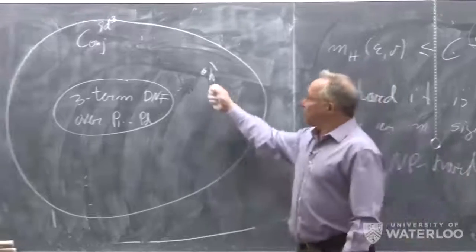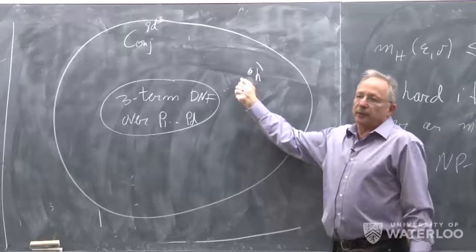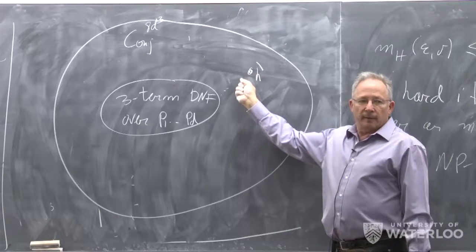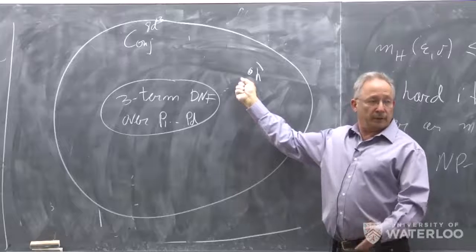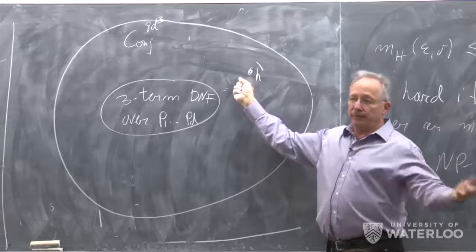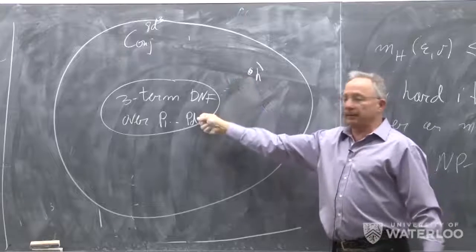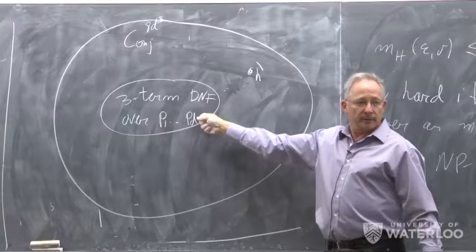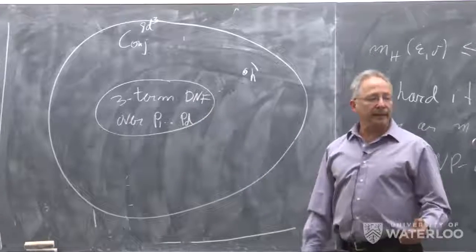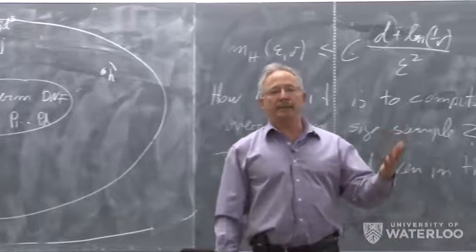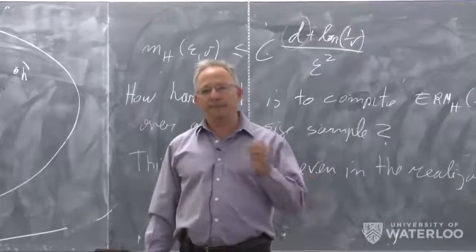So I can output a conjunction that is not a 3-term DNF, but still it will do good prediction. It will give me 0 error if there was someone that gave me 0 error. So I'm learning in a bigger class, in a bigger representation.